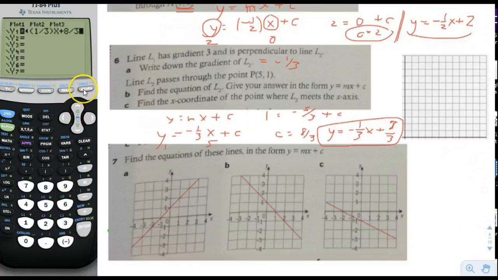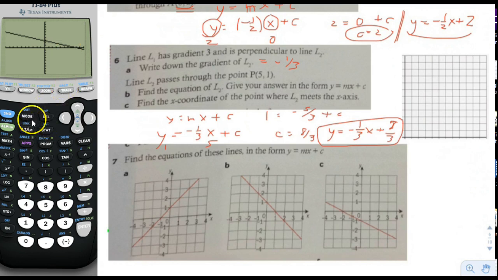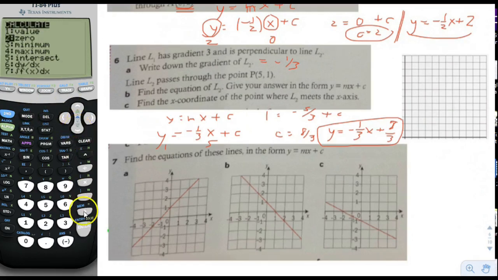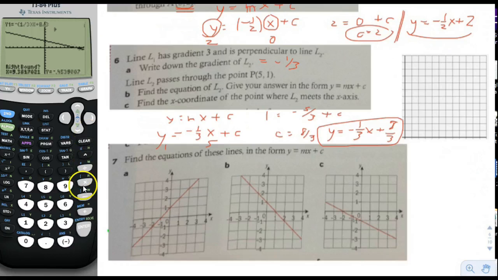Okay, and then we're going to see where that crosses the x-axis by using the second calc function. Enter. Enter. Yes. So x equals 8.